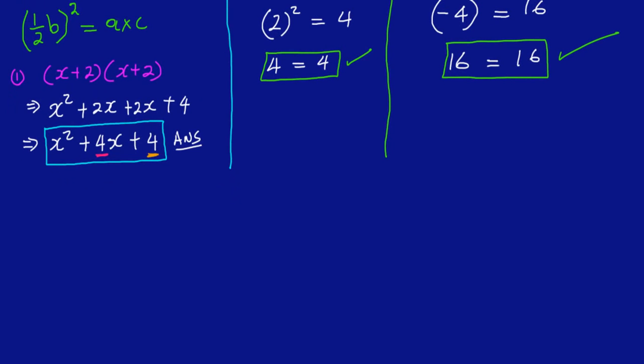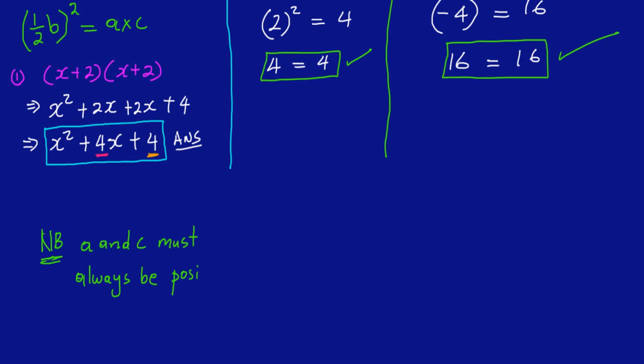Now what we're going to be looking at in the next property is this note: for a quadratic to be a perfect square, a and c must always be positive.